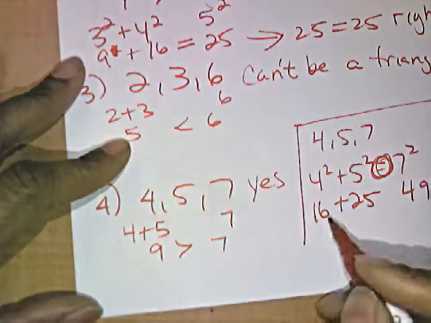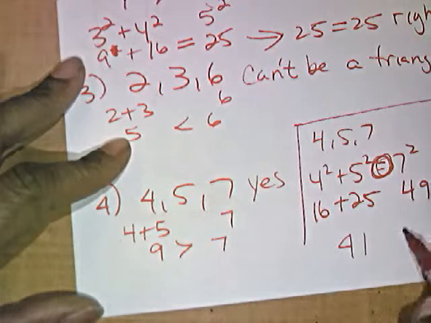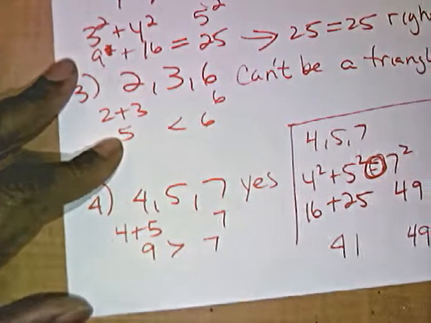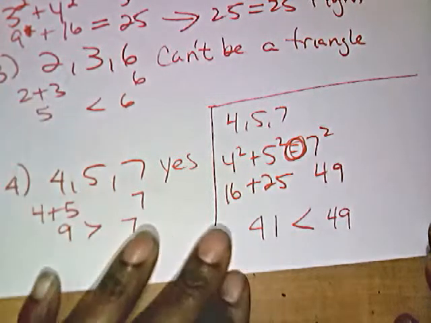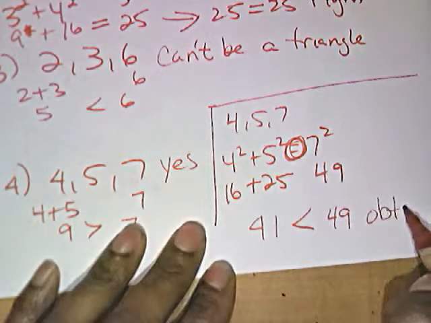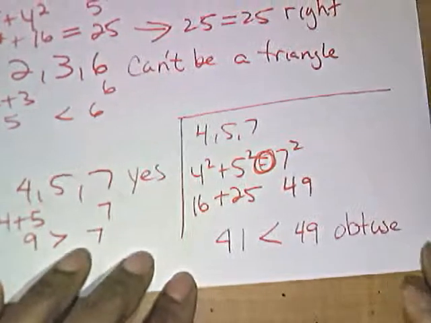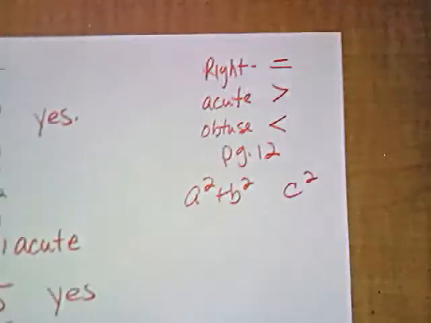Okay, and then we have 41 is something to 49. 41 is less than 49. So this is going to be an obtuse triangle based on that rule.